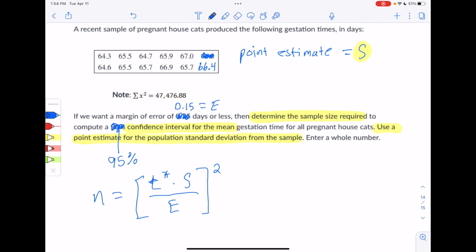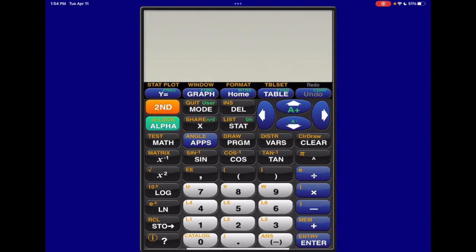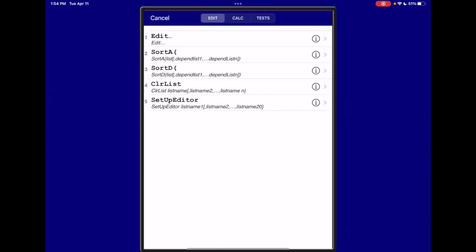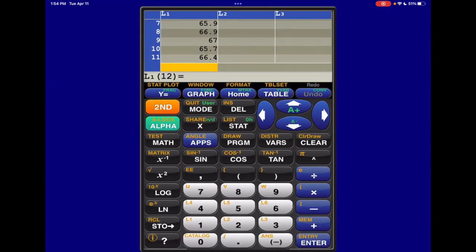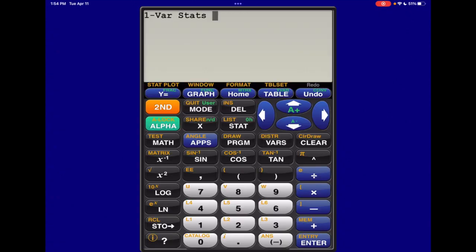But to get that, we need to put the data in the calculator. So let's switch over to the calculator. To save a little bit of time, I already put the data in. If you hit stat and then edit, that's where you'd enter the data into L1. Once you finish that, you would press stat again, hit the calc menu, and we want one variable statistics, with our data in L1.